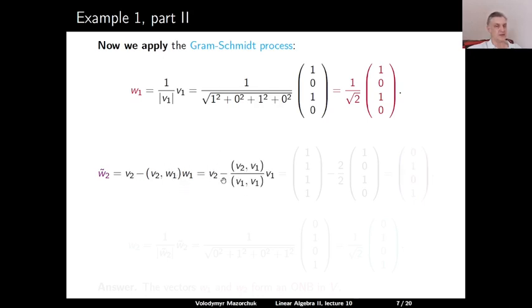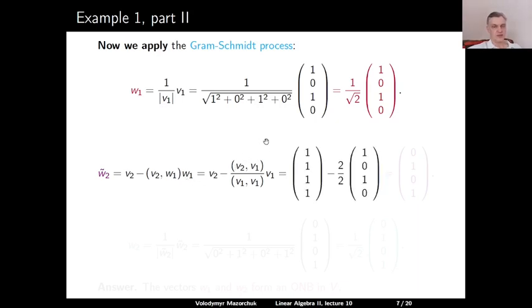So the first summand is V2 and then minus the scalar product between V2 and V1, divided by the scalar product of V1 and V1, times V1. So we just plug in the definition of W1 in this formula and use bilinearity of the scalar product.